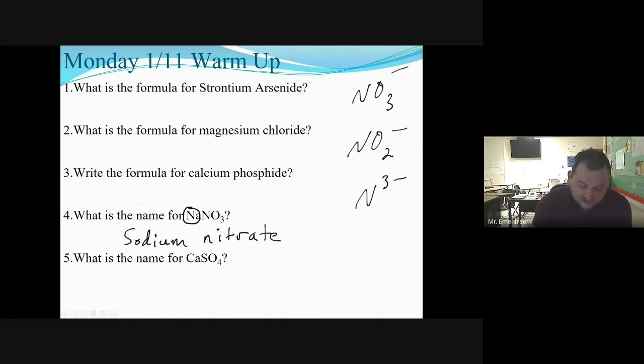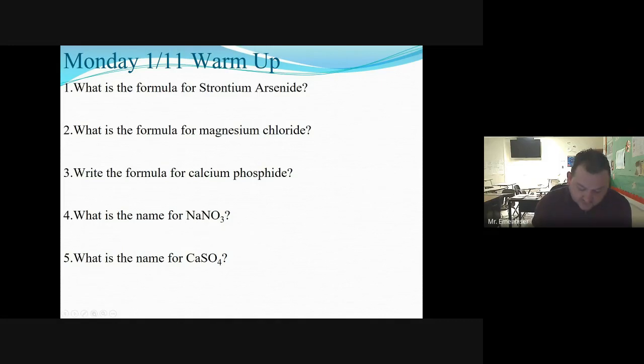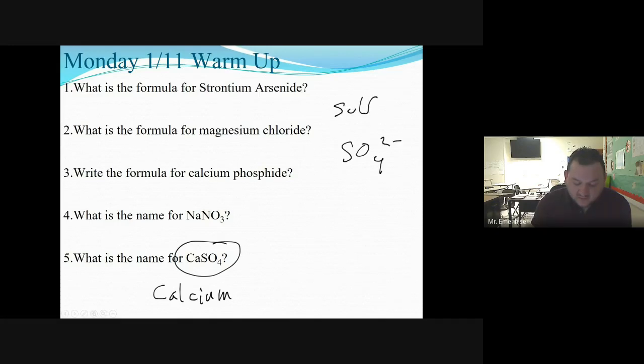All right, next one is calcium sulfate. What's the name of CaSO4? You can tell I've been doing this so long that when I see that, I just say the name. I see calcium sulfate. Is that not what you see? So this is calcium. And then SO4 is on our polyatomic list, and it's called sulfate.